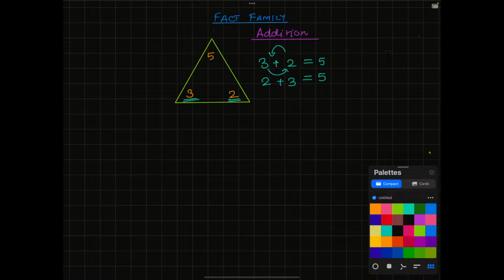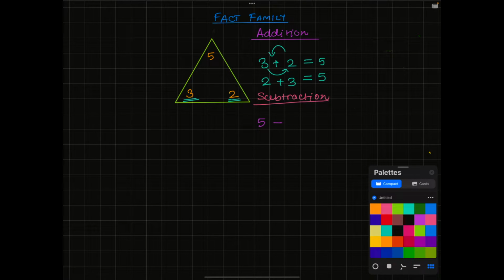In another case, that is in subtraction, let's see what the two facts are. In case of subtraction, 5 will be the one from which we are going to subtract the other two numbers, because it is the highest number.